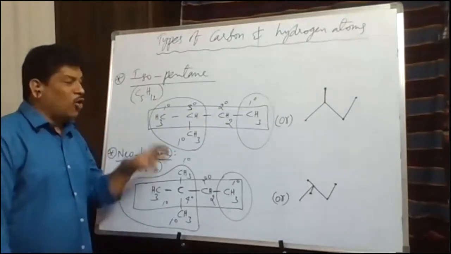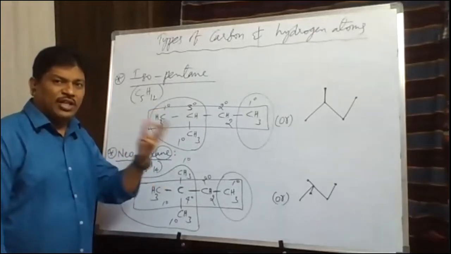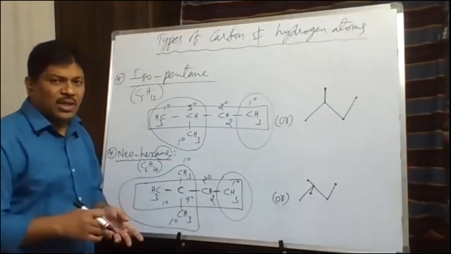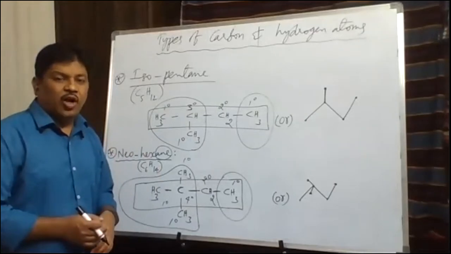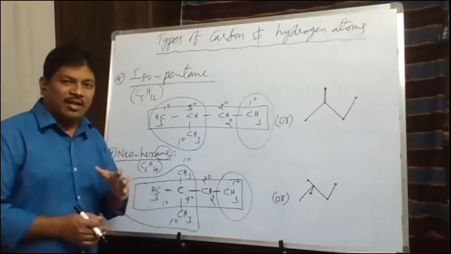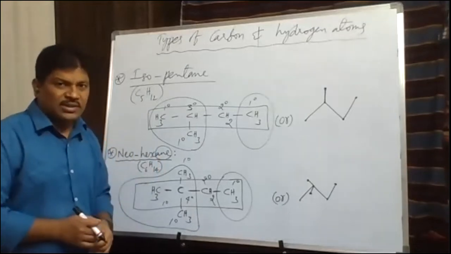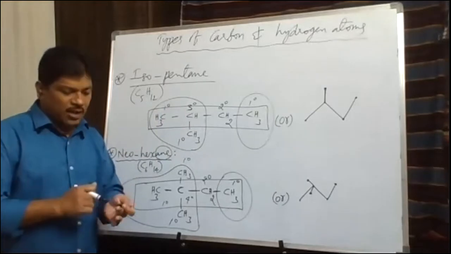So sometimes they will ask you to find out how many hydrogens of primary, secondary and tertiary type there are, and sometimes they may ask which types of carbon atoms are available in the given structure: how many primary carbons, secondary carbons, tertiary carbons, and quaternary carbons. So in this way, we have to identify hydrogen atoms and carbon atoms.